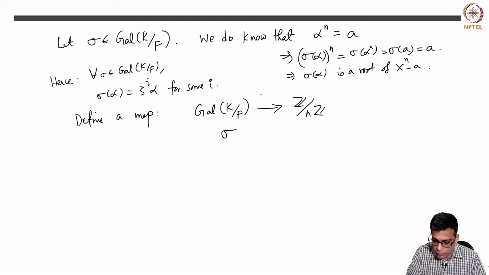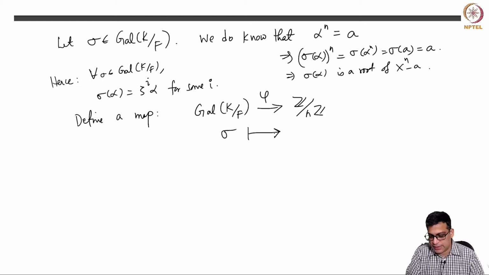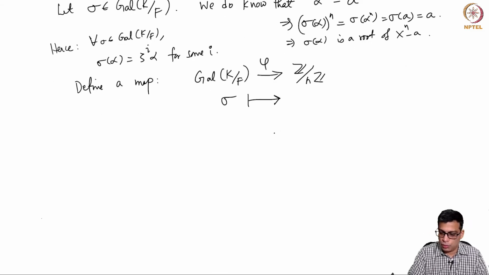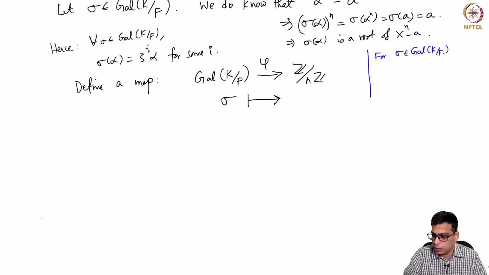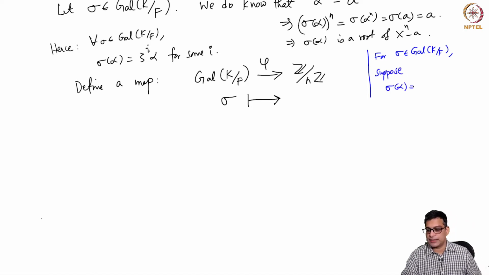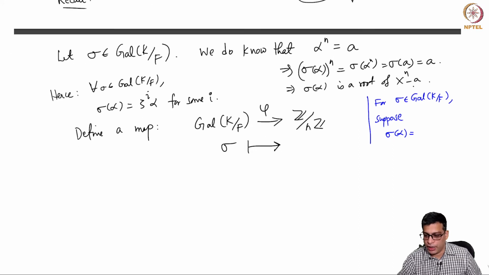Okay. What do we do with this? This is a map phi. So, phi sends sigma to, so the notation here is, for sigma in G, the Galois group, suppose we know that sigma alpha is zeta^i times alpha.